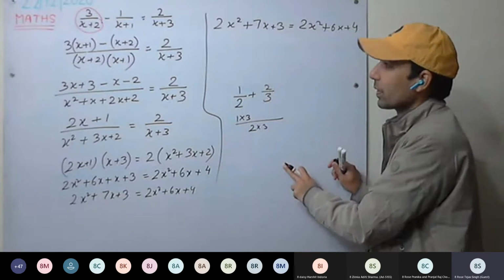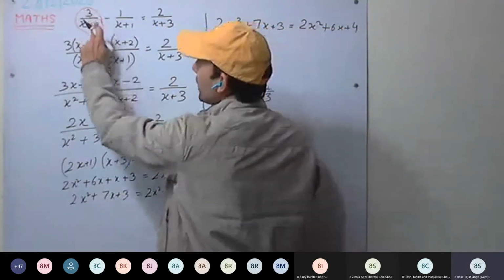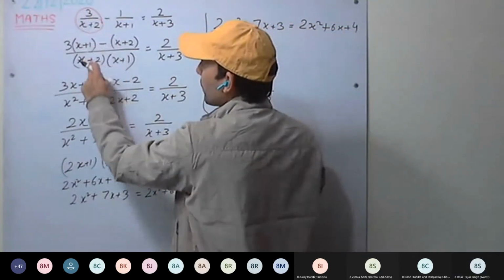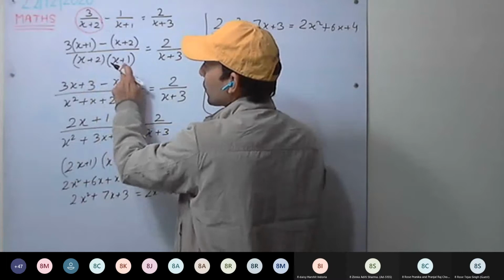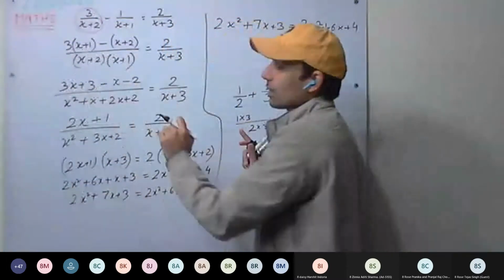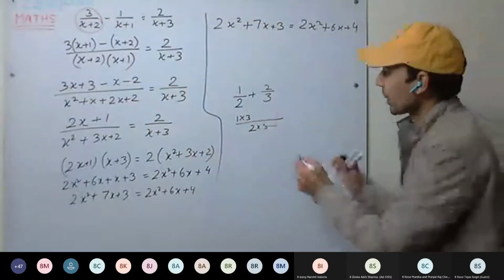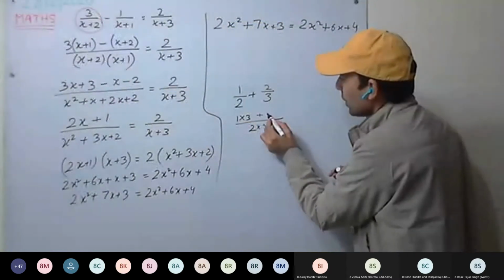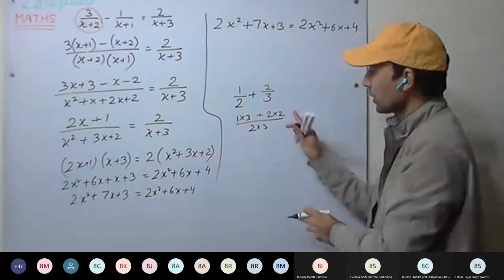So here we are having 3. The denominator is x plus 2. We have to make the denominator x plus 2 into x plus 1. That means 3 will be multiplied with x plus 1, plus 2 into 2.